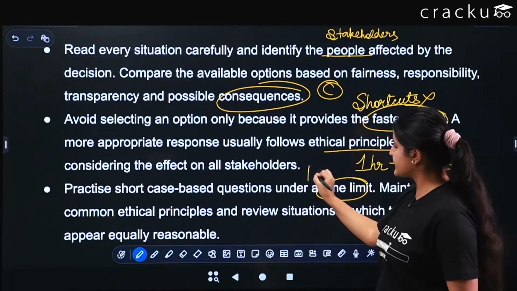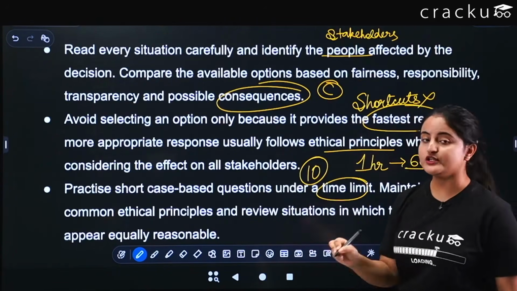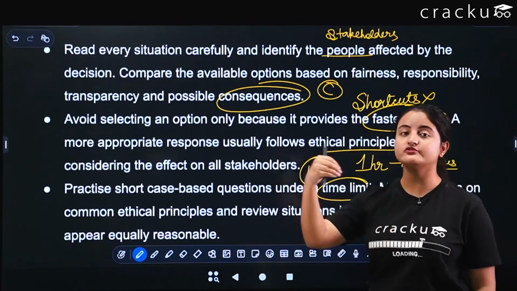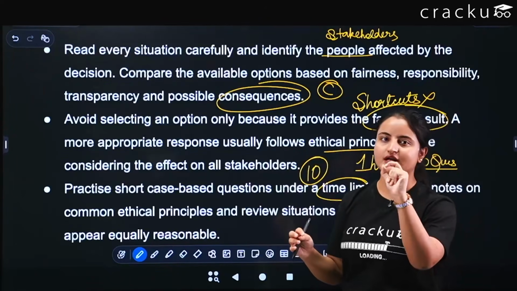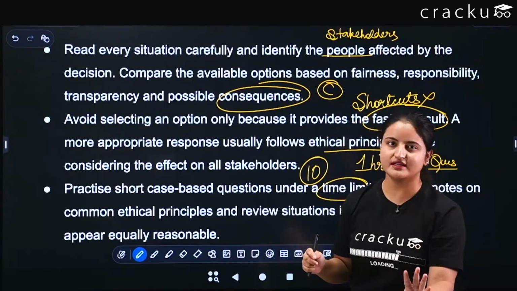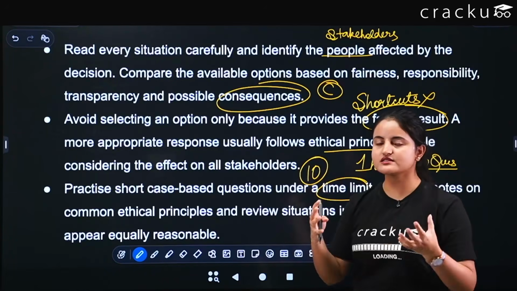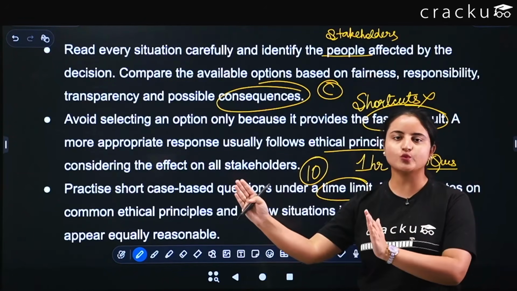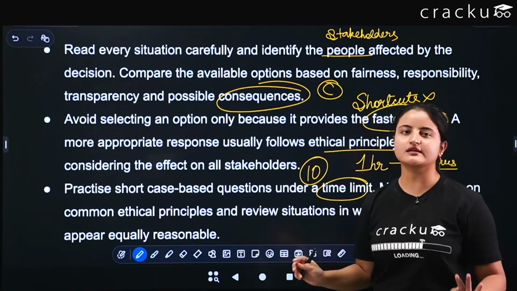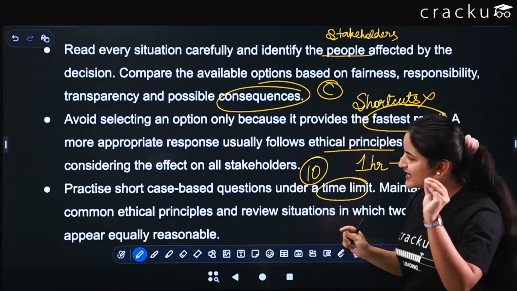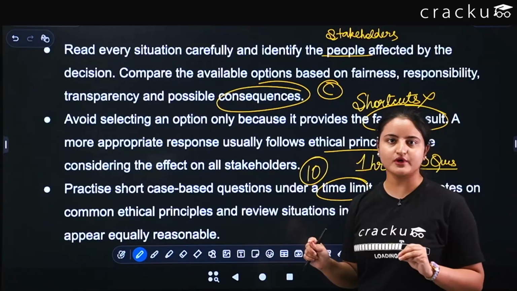So you have 10 questions in this section, okay? You might not even have a full minute. So this becomes very important, guys, that 4 lines are there, 5 lines are there. Please learn to read at once very quickly and understand it. Okay, this practice is important because time is of utmost importance.